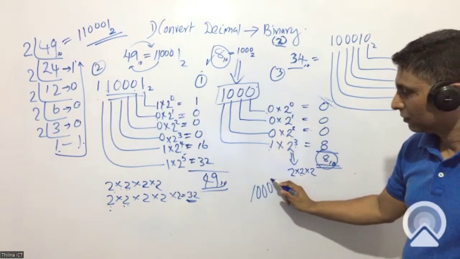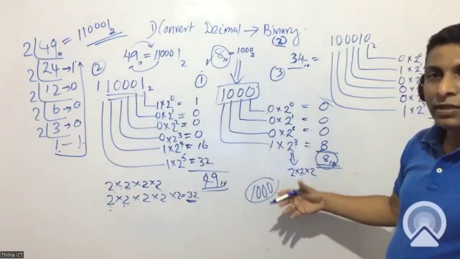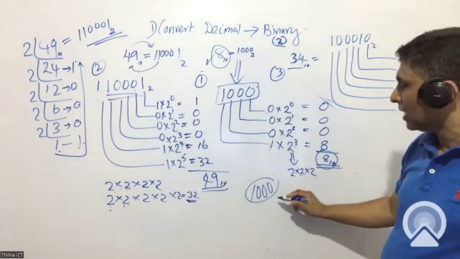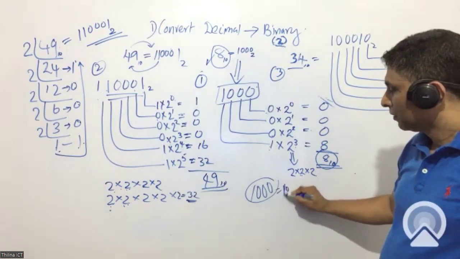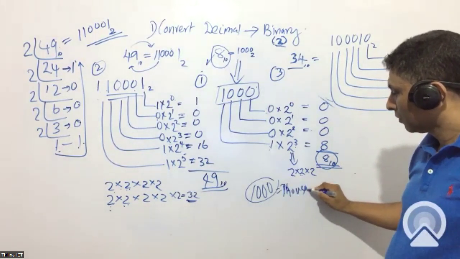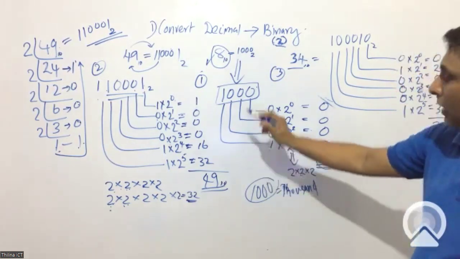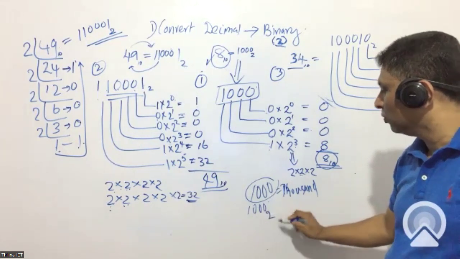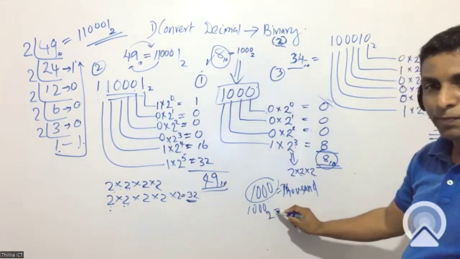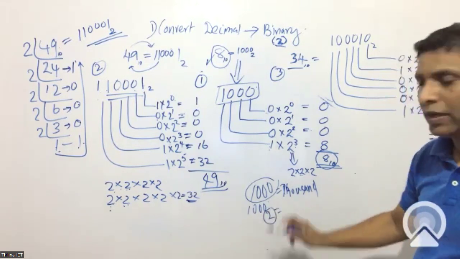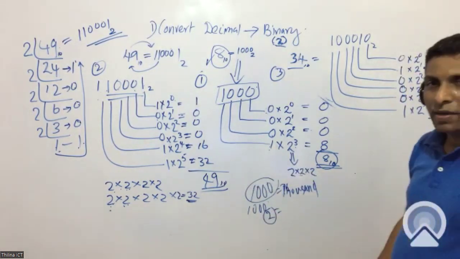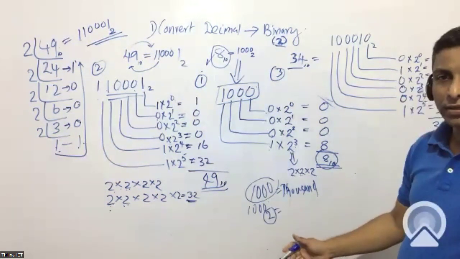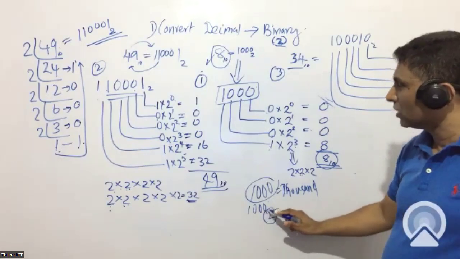Because of our native understanding, we usually say this is one thousand. But here it represents base 2 binary form. So we need to put the base as well. Otherwise, it will fall into our normal understanding, and people would say this is one thousand. So it's not 1000, it's 1000 base 2.